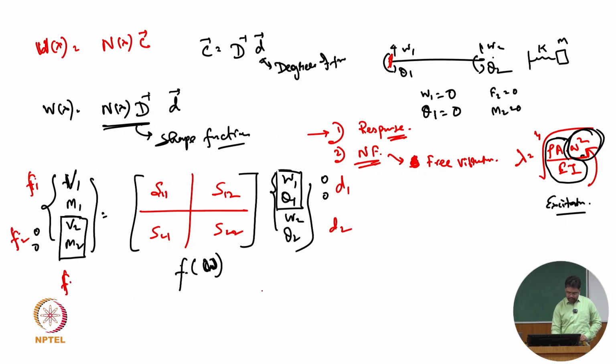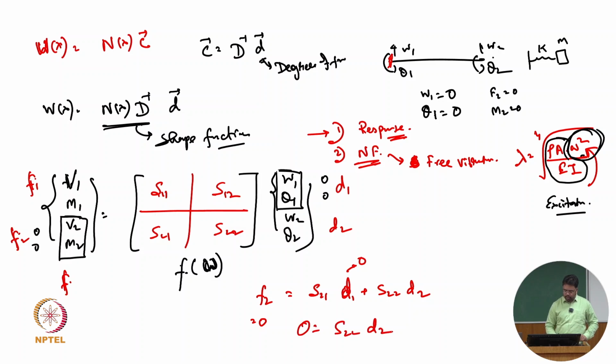So can I write F2, which is basically 0, equal to S21 into D1 plus S22 into D2. Now think D1 is 0 and F2 is 0. So can I write 0 equal to S22 into D2?